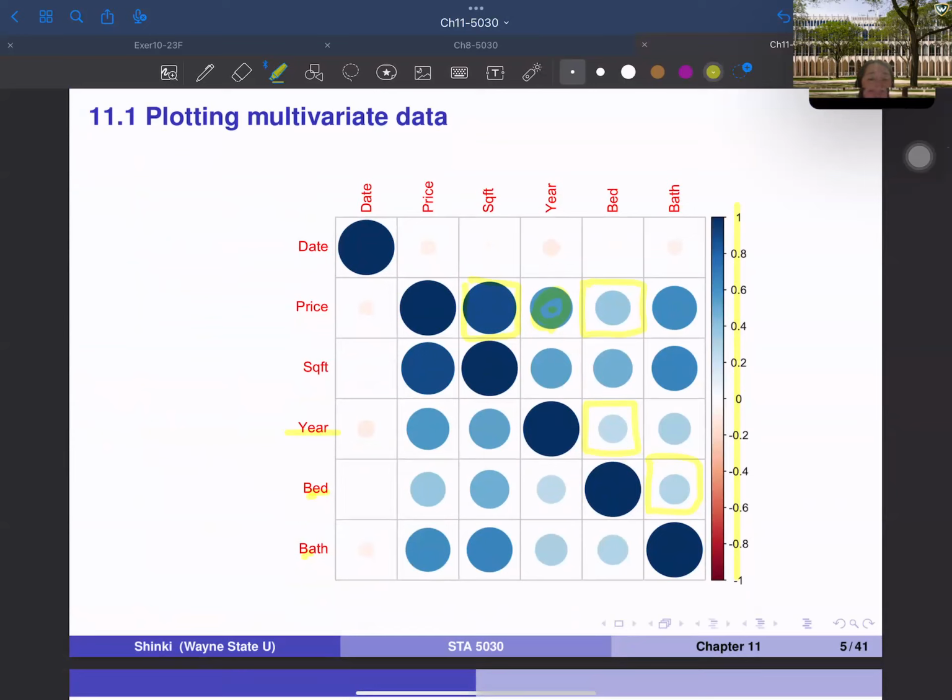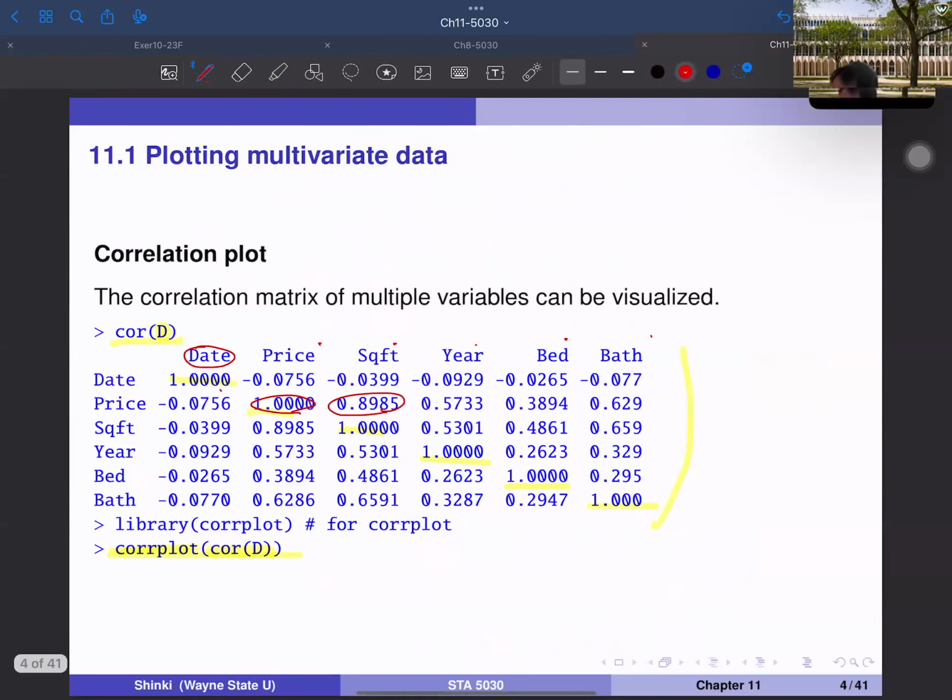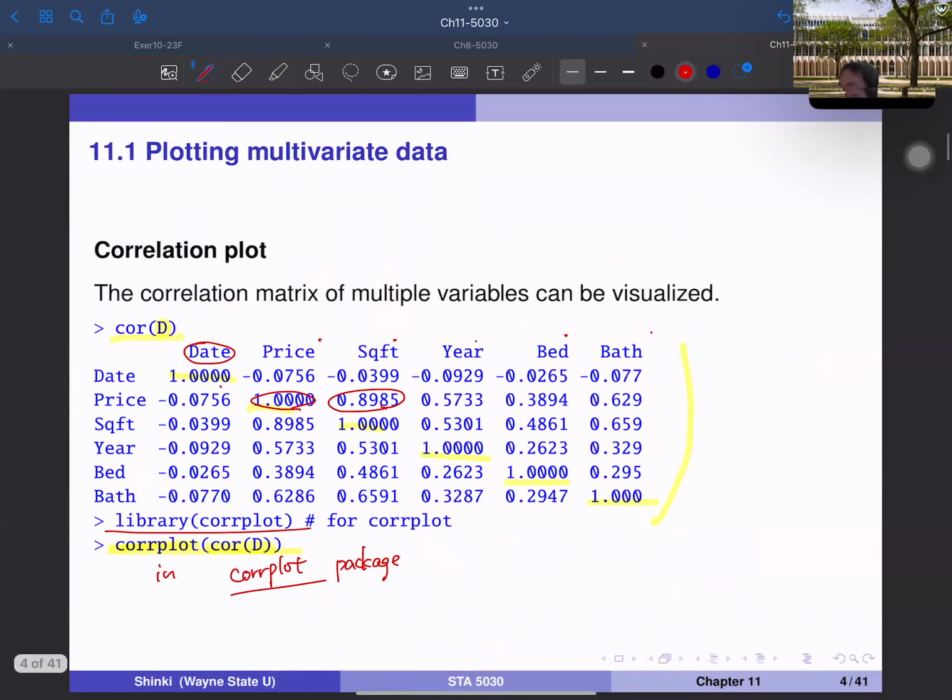I think this is in the corrplot package. So the package name and the function name are the same. So for the corrplot package, you have to load it. Oh yeah, actually here: library(corrplot).